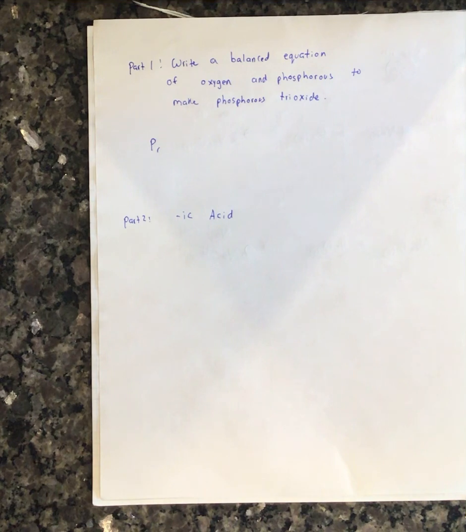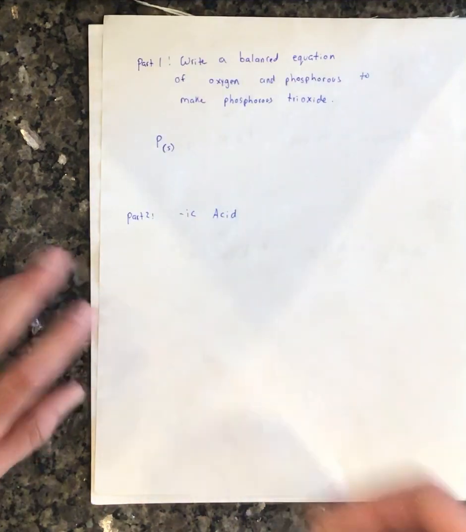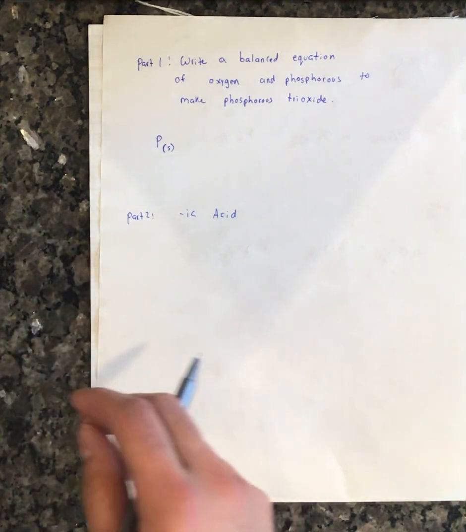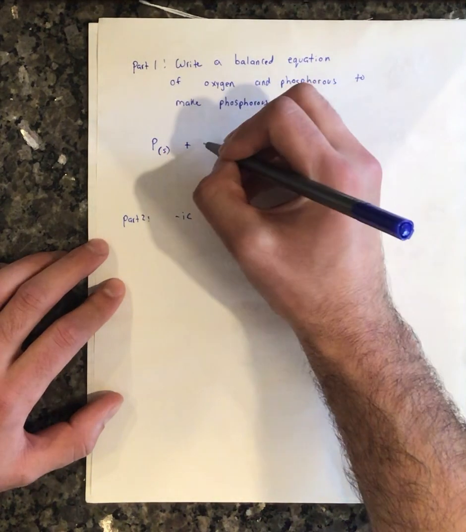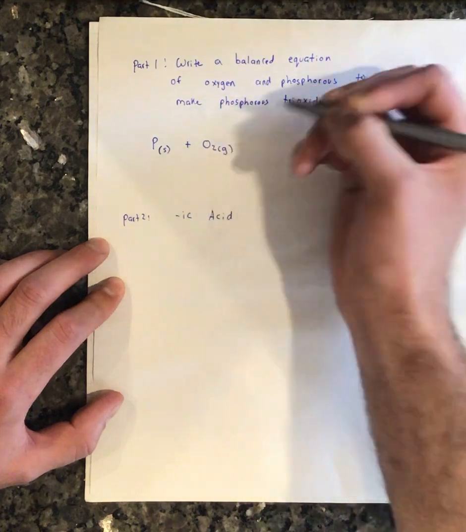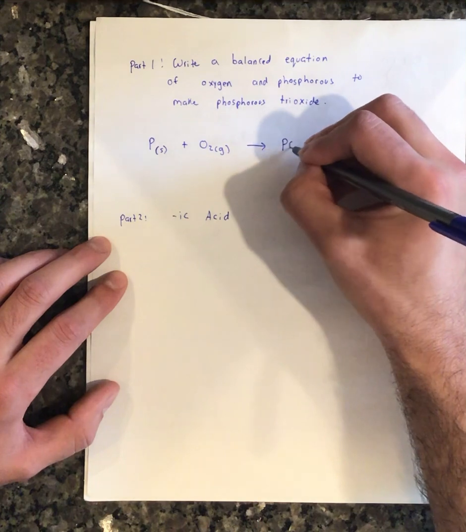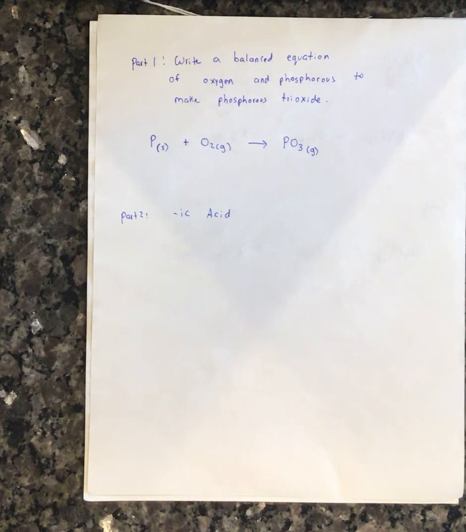Sorry, it took so long to figure that one out. I just don't have my class periodic table in front of me. So we have phosphorus, a solid, plus oxygen, O2, a gas, and when these two come together, we're going to make PO3. This should also be a gas at room temperature.